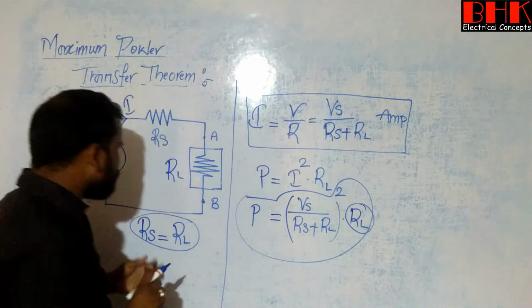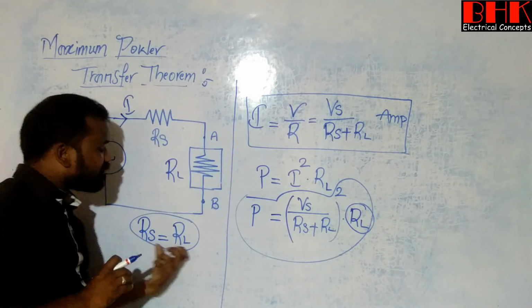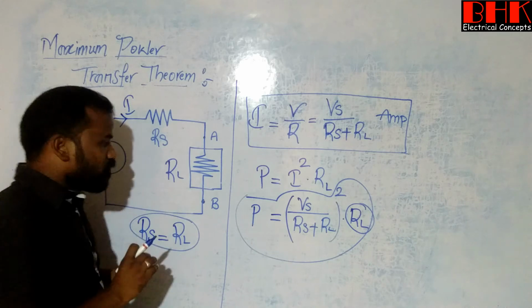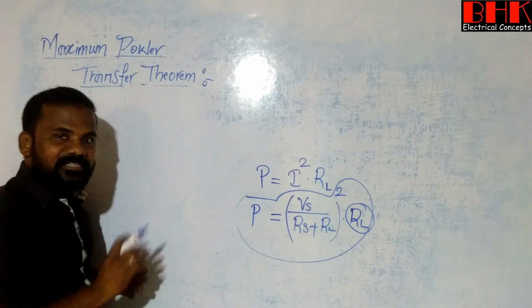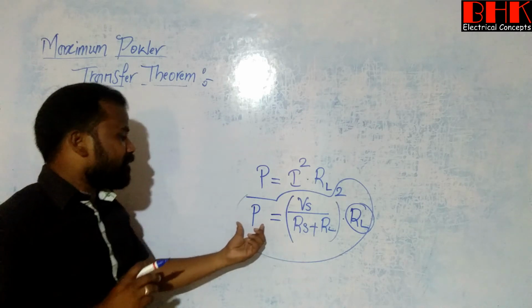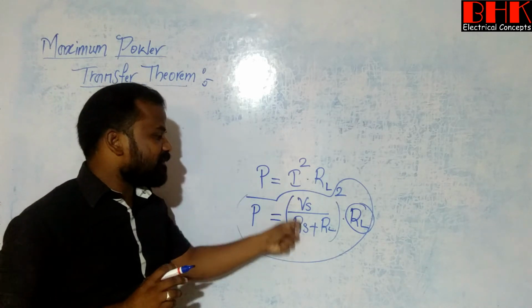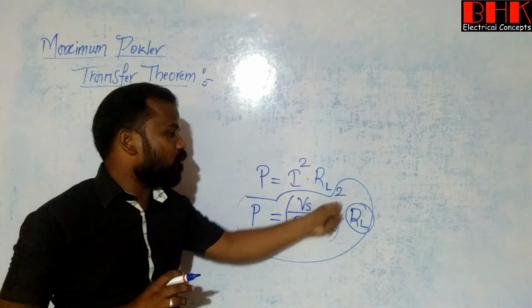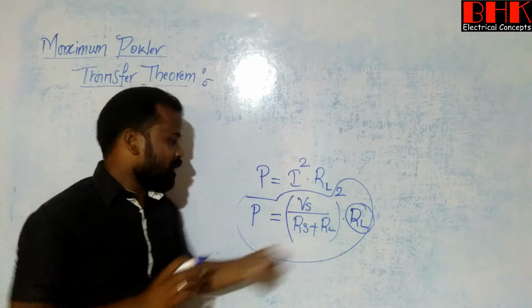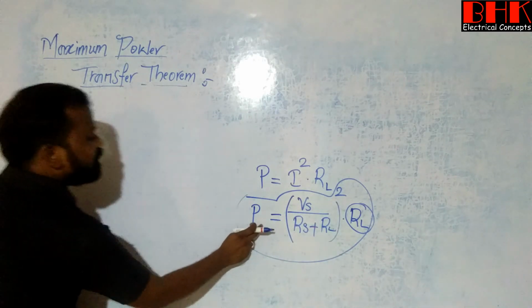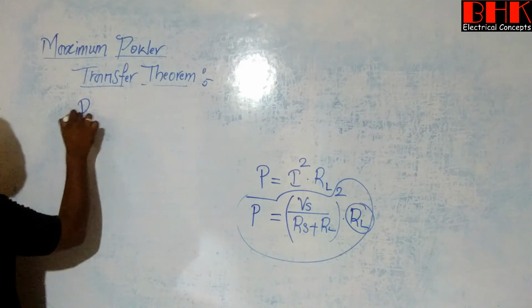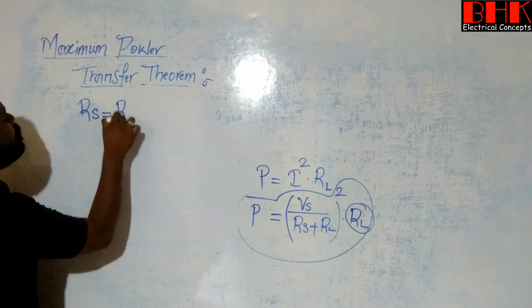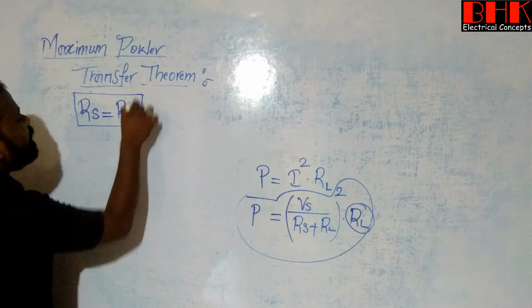Then finally you will get the condition Rs is equal to RL. Now we have the power expression P is equal to Vs divided by Rs plus RL whole square into RL. With the help of this expression, we are going to get the condition Rs is equal to RL.